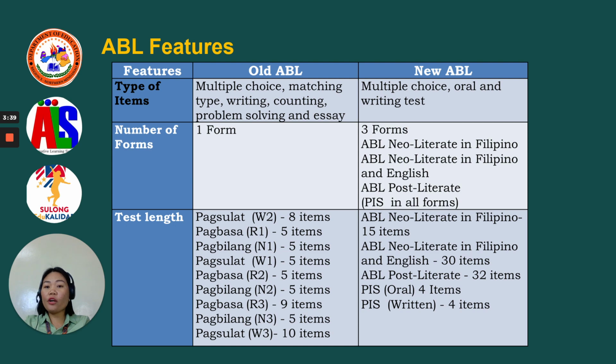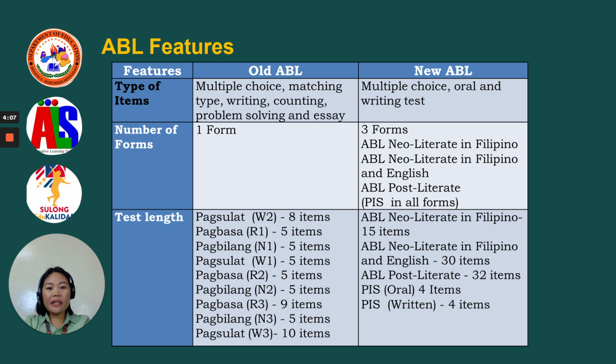For the number of forms, the old ABL has only 1 form, while the new ABL has 3 forms, including ABL neo-literate in Filipino, ABL neo-literate in Filipino and English, and ABL post-literate, including PIS in all forms. For the test length, the old ABL has 9 parts with different items.